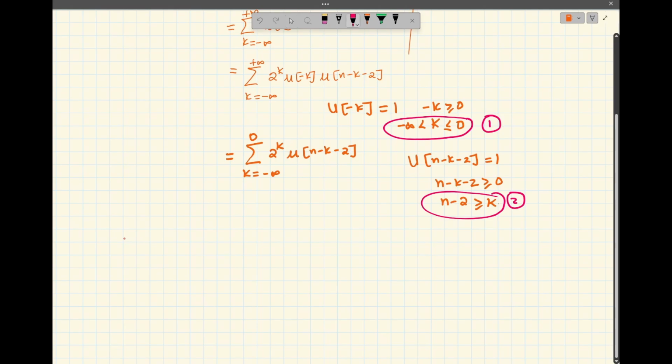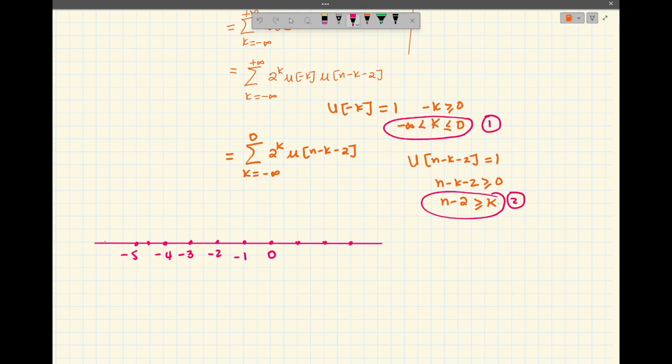We have the discrete time axis. So this is 0, minus 1, minus 2, minus 3, minus 4, minus 5, and so on. Now, for condition 1, we have k that goes from negative infinity up to 0.